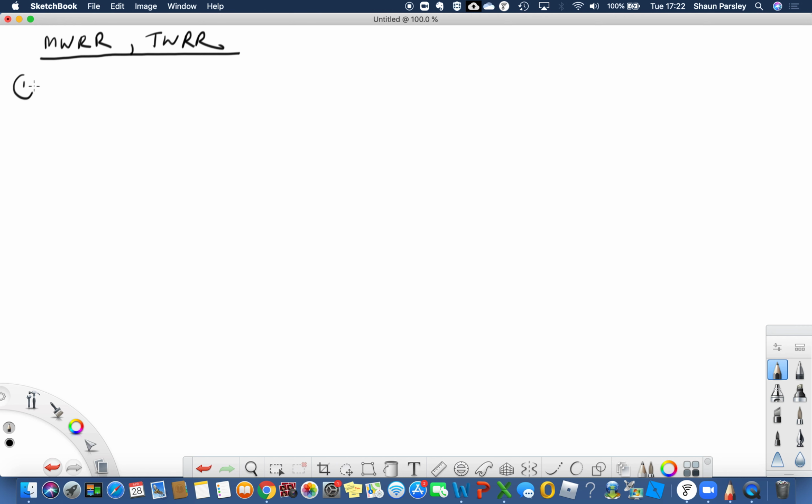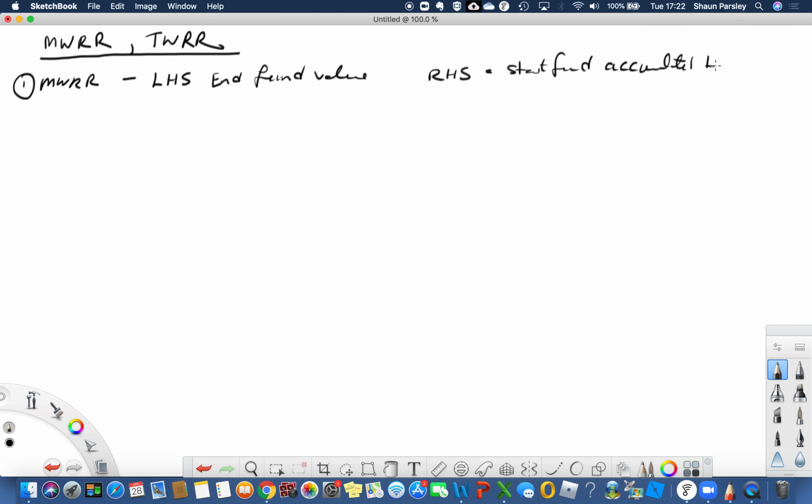Okay, right. So 1. The money weighted rate of return. Simple formula really. Left hand side is the end fund value, then the right hand side is the start fund accumulated to the end, plus the cash flows accumulated at the time they come in to end.